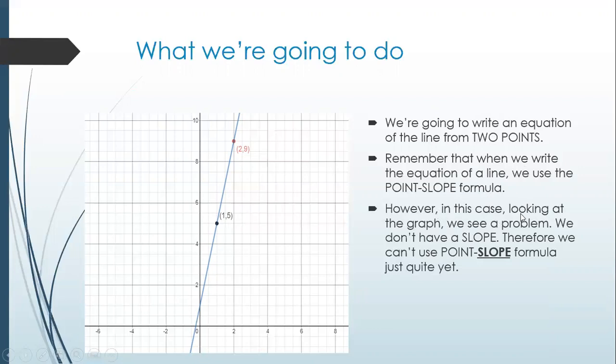In this case, look at the graph. I see a point. I see another point. What I don't see is a slope. Therefore, we can't use the point-slope formula just yet, because in order to use it, we need a point and a slope. We don't have a slope. So we have a problem.